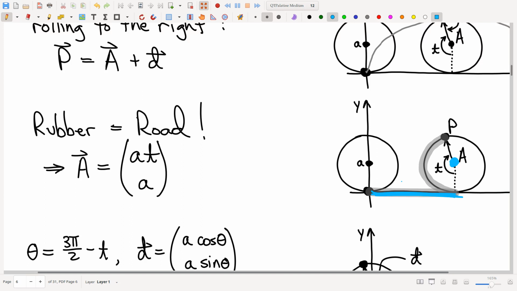The y-coordinate is constant. Right? Otherwise, you'd have a really bumpy bicycle ride, right? So the y-coordinate is just constant. But what is the x-coordinate? And there's a physical observation here that is very key. The physical observation is, if you think about it, this x-coordinate of that axle is the amount of road that has touched rubber.